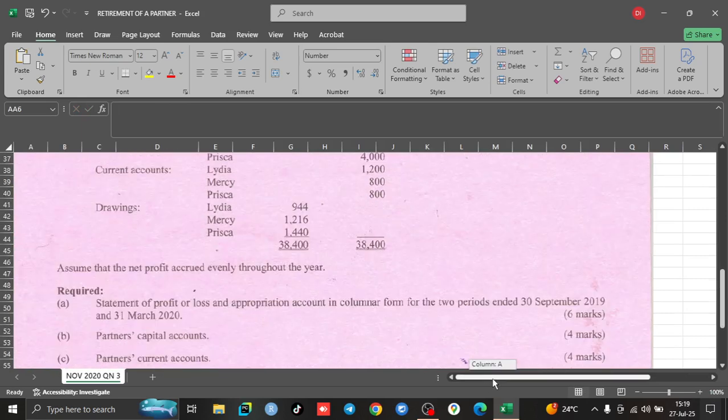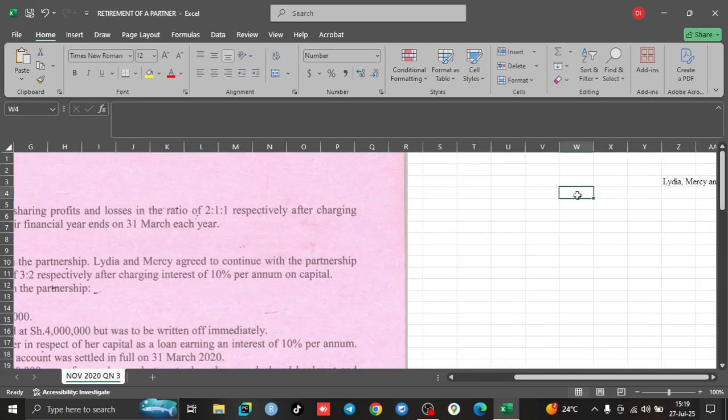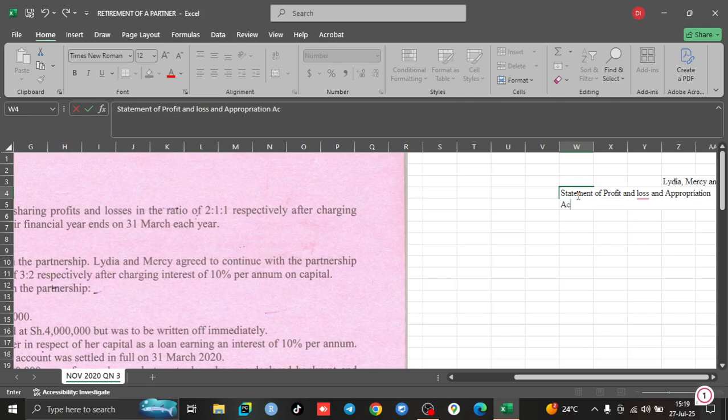Yes, profit or loss and appropriation account in columnar form. Statement of profit and loss and appropriation account in columnar form.